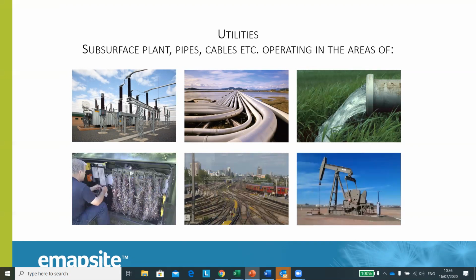Those are the key categories for us. There are a few smaller ones, like district heating networks and other items like that, but these are the main categories that the bulk of utilities fall into.